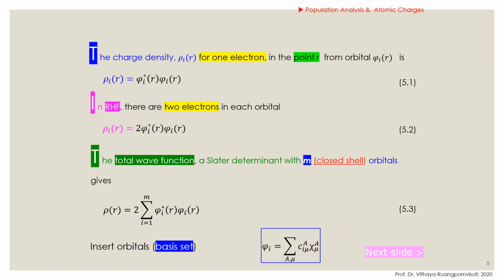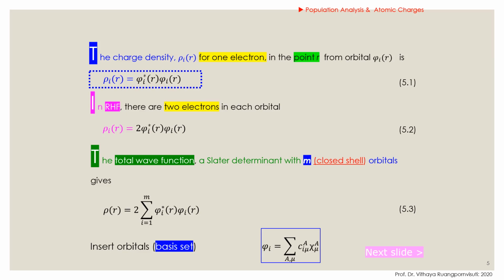The charge density rho i as a function of position for one electron at the point r, computed from the orbital phi i as a function of r, can be computed from equation 5.1.